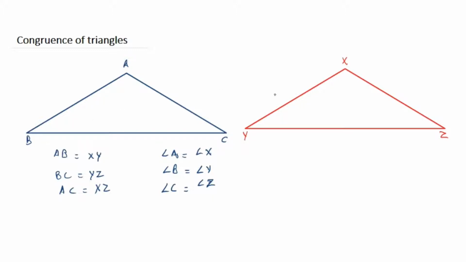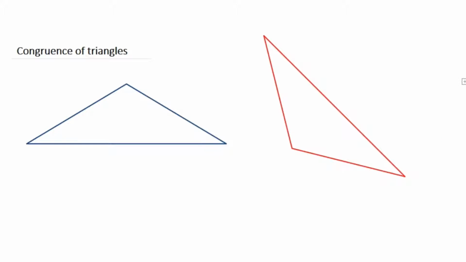Let us take another example about congruence of triangles. Here I've got again 2 triangles. Let me again name them A, B, C, and let me call this D, E, F. Now what can we say about the congruence of these figures? Do they look similar? Do they look congruent? Well, let's see.